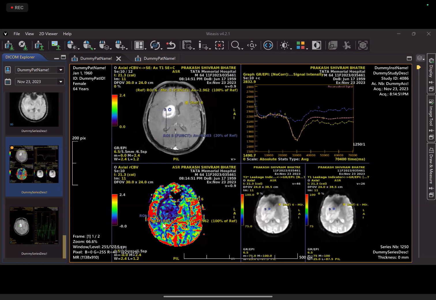Okay, so in this particular case, you're seeing that the perfusion is low and the lesion is showing intense post-contrast enhancement with a small central area of necrosis. There is significant perilesional edema. Would infection come into your mind? Does any kind of infection present like this?